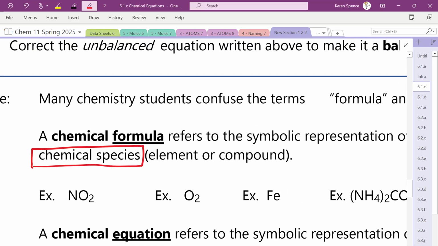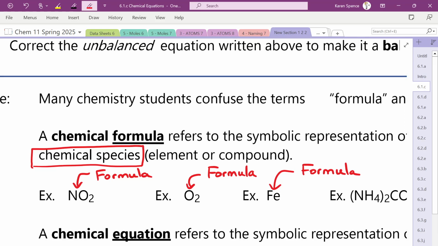Oh, look, there's our chemical species again. So this is a formula, NO2. O2, that is a formula. Fe is a formula. It is just the letters that you use to write a chemical. That's a formula.